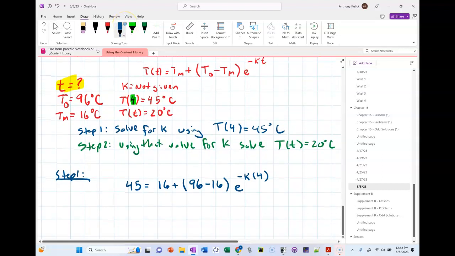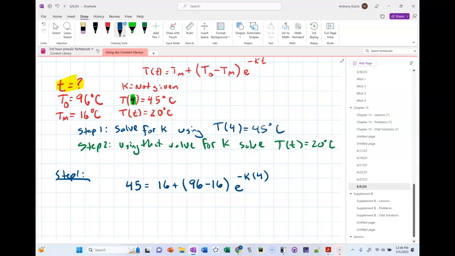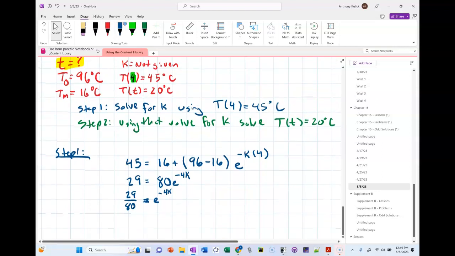So to solve for K, let's see, what are we going to do? I'm going to start by subtracting that 16 over first. So 45 minus 16 is 29. 96 minus 16 is, I think, 80 though, right? Yeah. And then we'll divide both sides by 80. And then what are we going to need to do to get rid of that exponent base of e? Gotta do that ln.